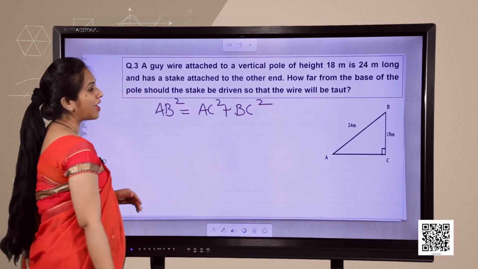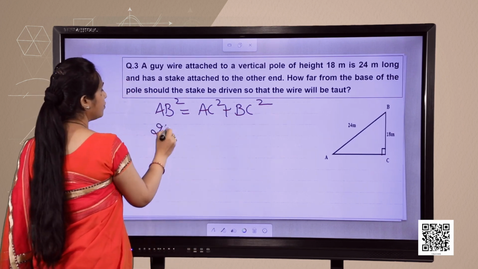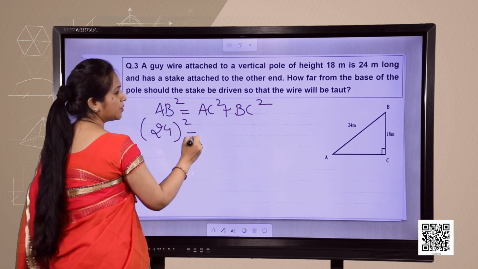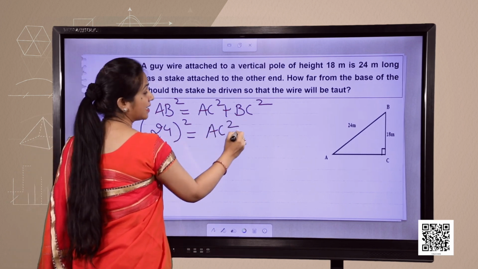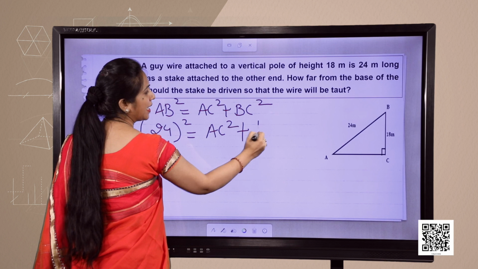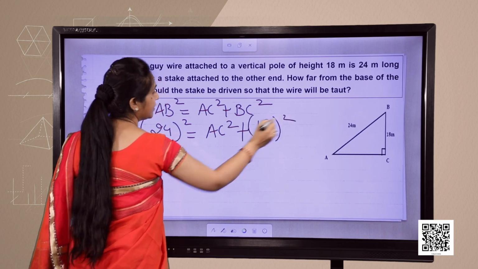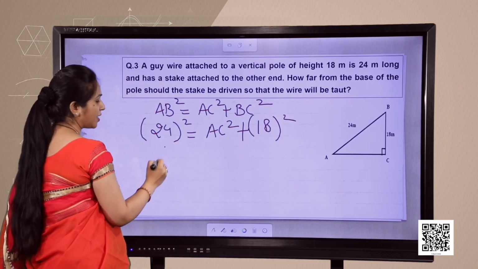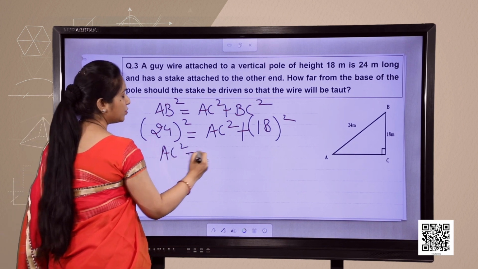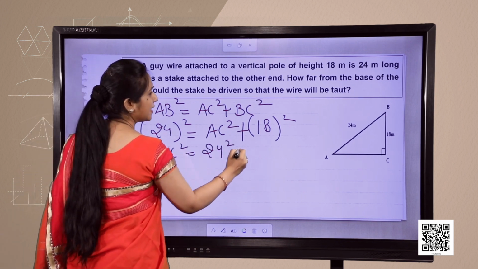Now substitute the values. AB square is square of 24 is equal to AC square as it is, as the value of AC we have to calculate, and square of 18. So now do the transposition. We can write AC square is equal to 24 square minus 18 square.